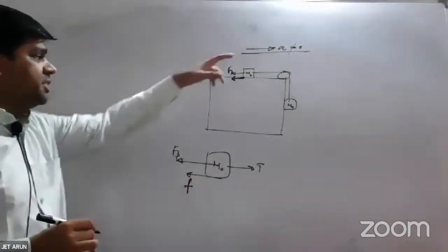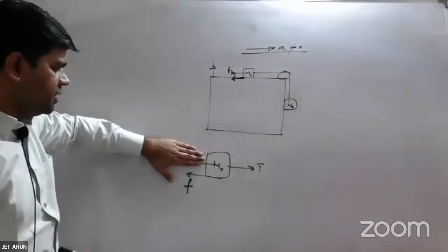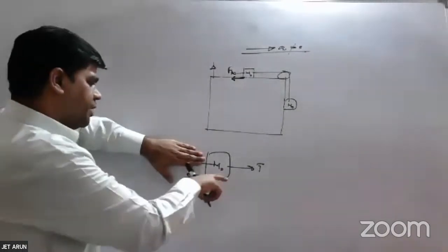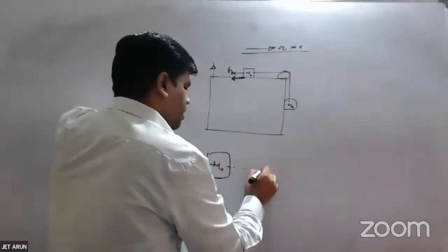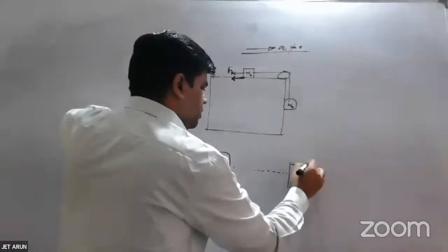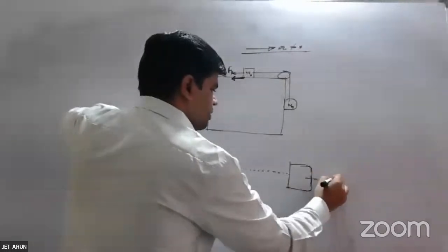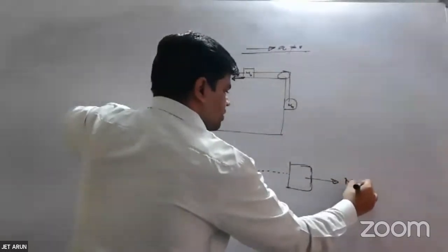If acceleration was zero, my friction is towards left because it's tending to slip downward. Now, what will I do? I'll hypothetically presume a scenario like this.